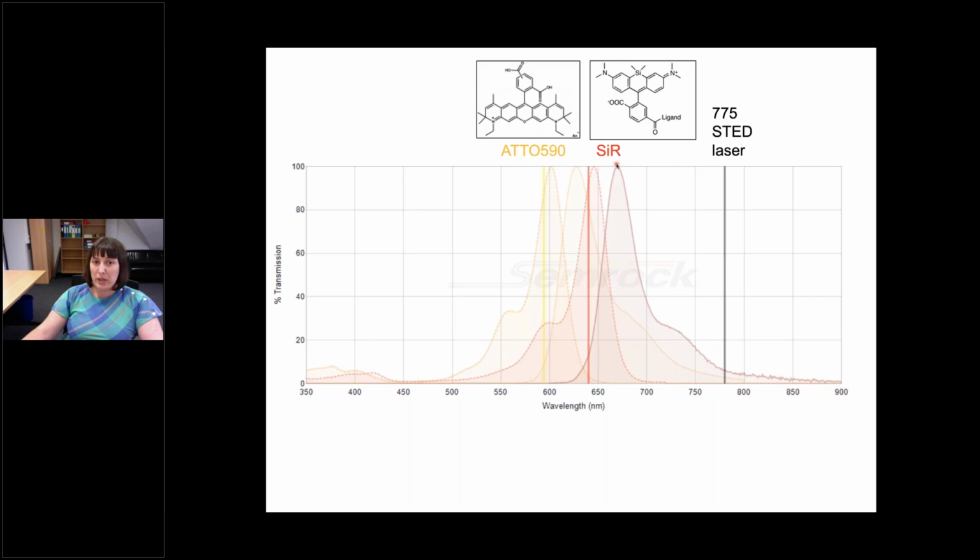These two dyes are pretty close in spectra, but they're sufficiently separated so that you can spectrally separate them. And what's very important, you can hit them both with the same 775 nanometer STED laser. And that's why we can do quasi-simultaneous imaging.